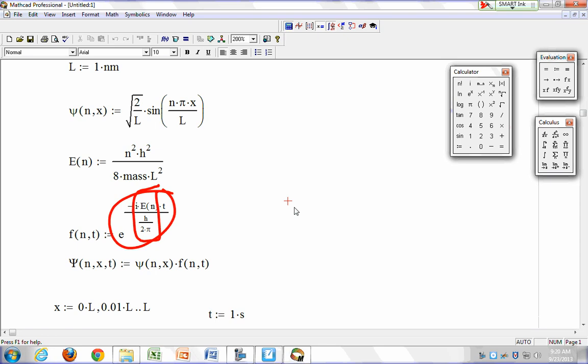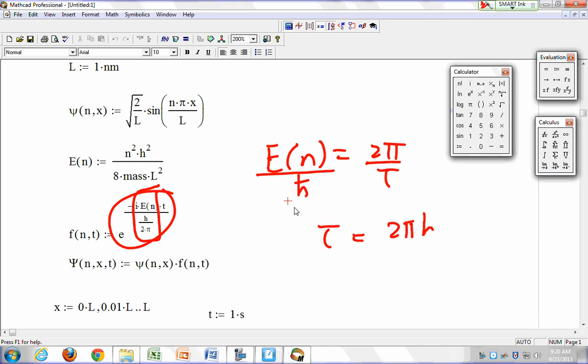So E of n over h bar is equal to 2 pi over tau. So what's my tau? Tau is 2 pi h bar over E of n, right? And 2 pi h bar is just h. Remember, h bar is h over 2 pi. So tau is h over E of n.